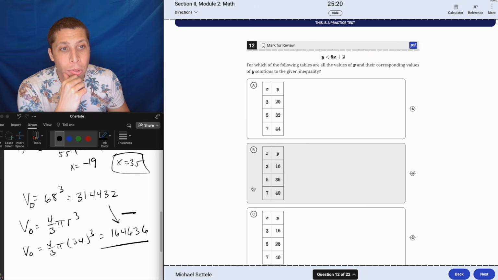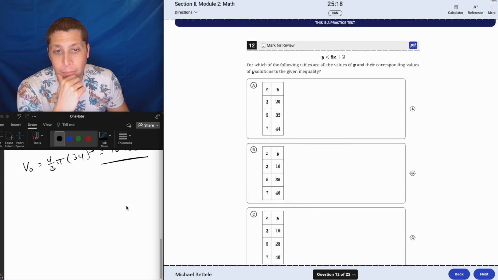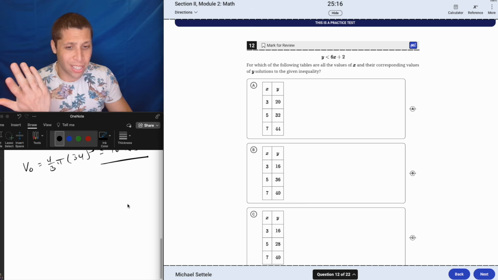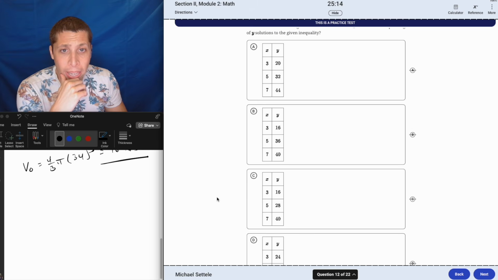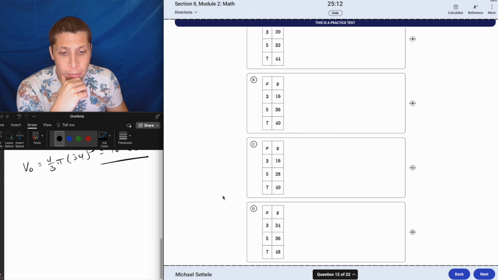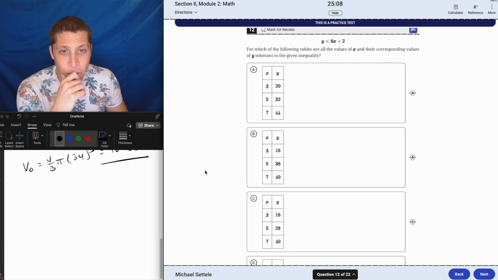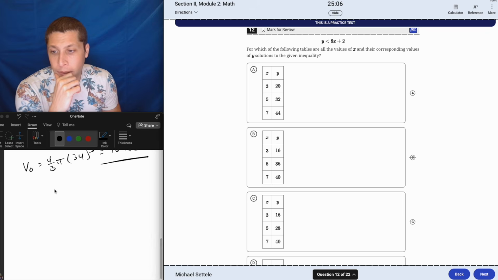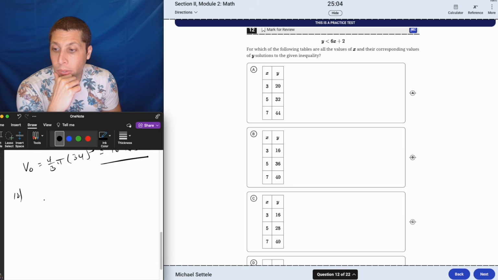Okay, which are size and the corresponding value is y. Yeah, we kind of just did a question like this, so we're going to do it again. They kind of all have overlap, so let's just do the 3, right? So we've got 20 is less than 6 times 3 is 18 plus 2. No, it's not.